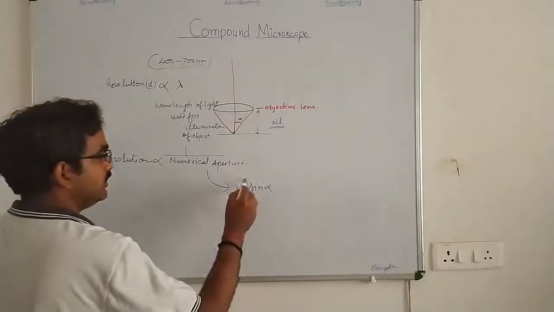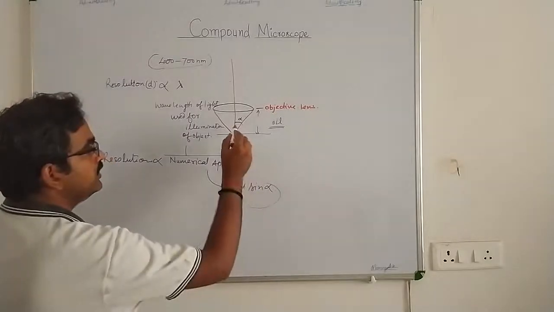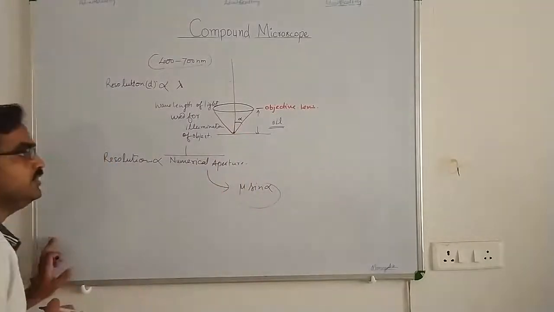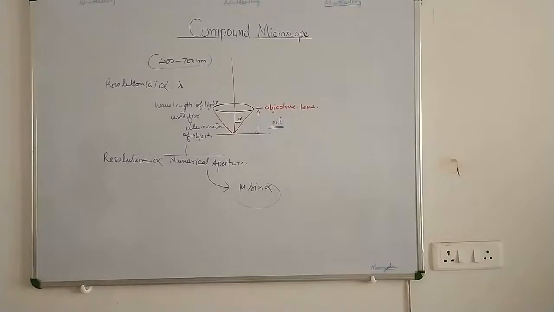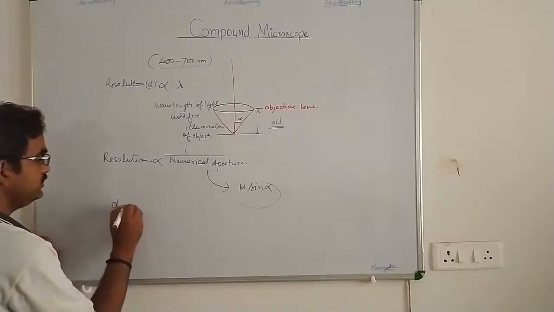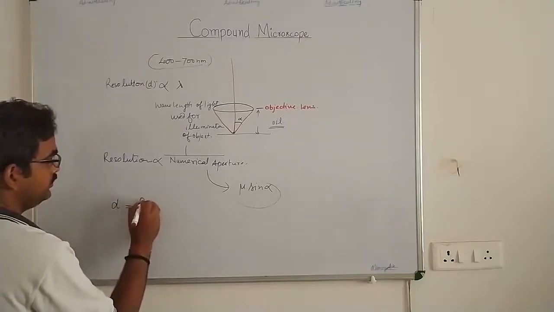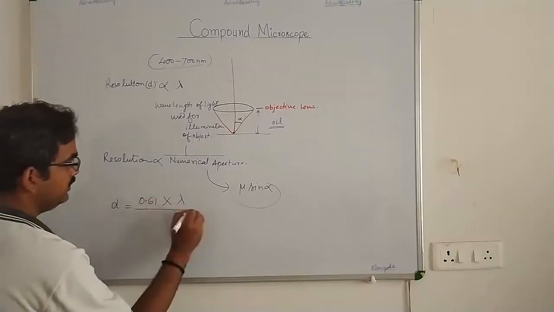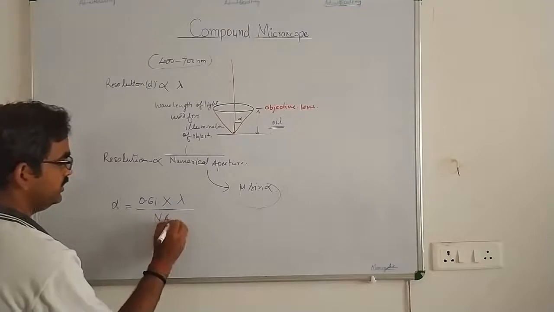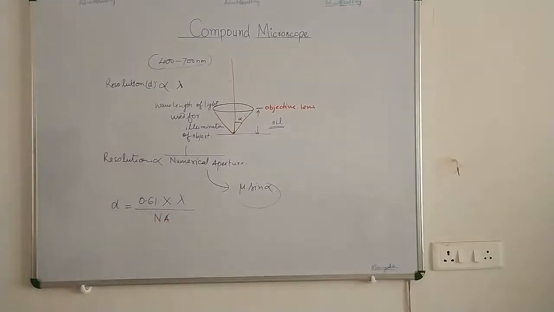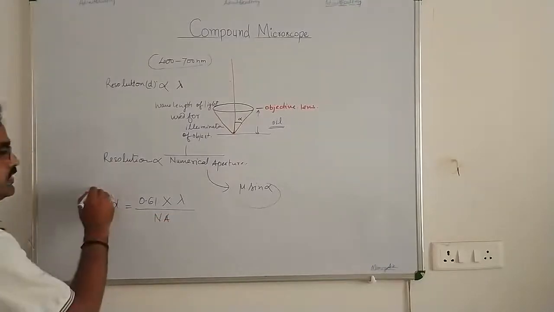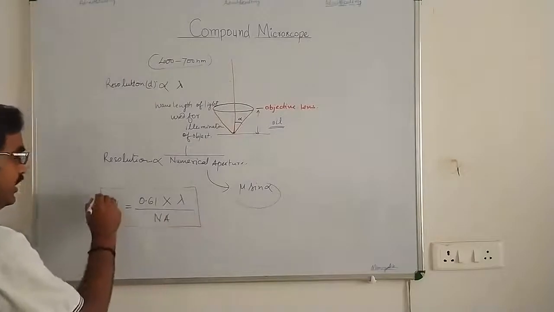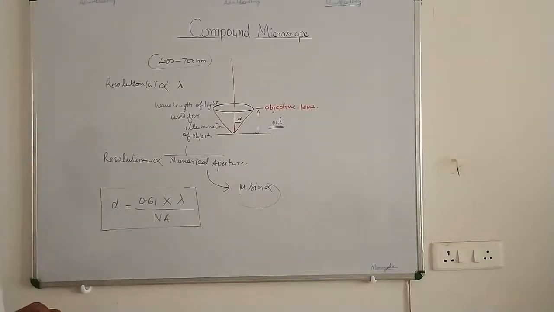So it depends on the numerical aperture. So d is equal to 0.61 times lambda by NA, the numerical aperture. This is Abbe's formula for the light microscope.